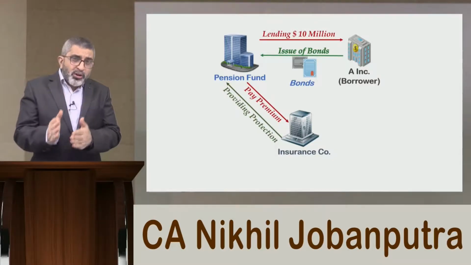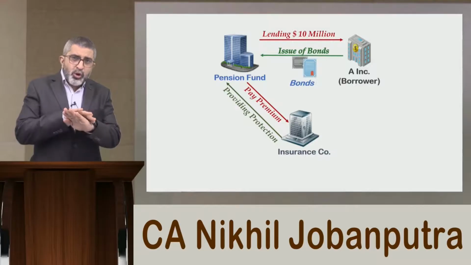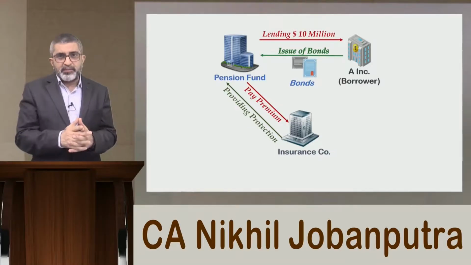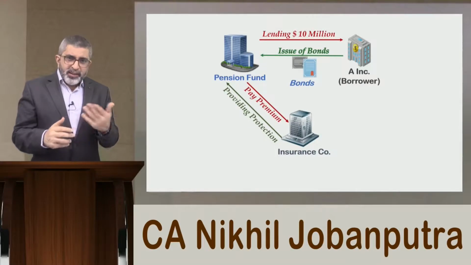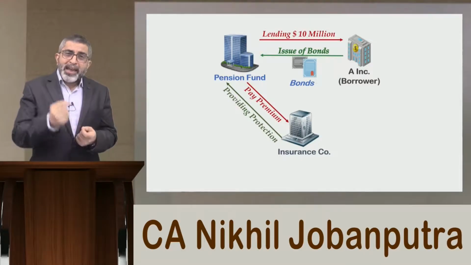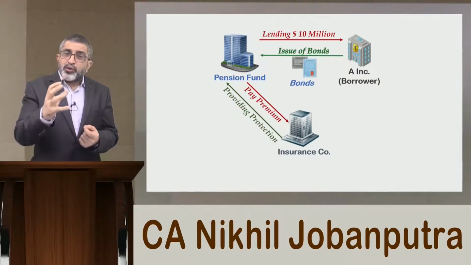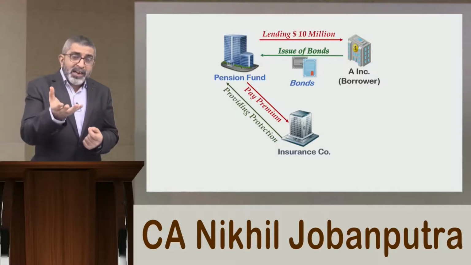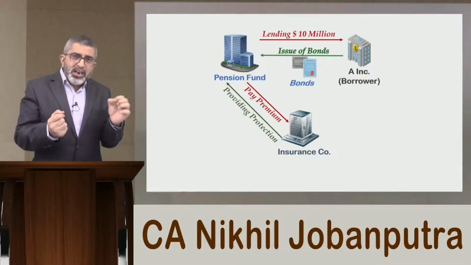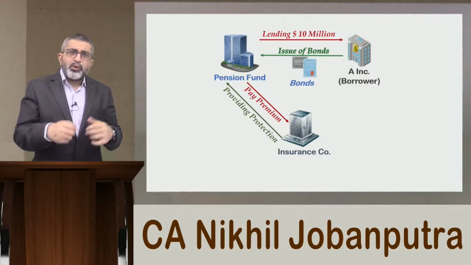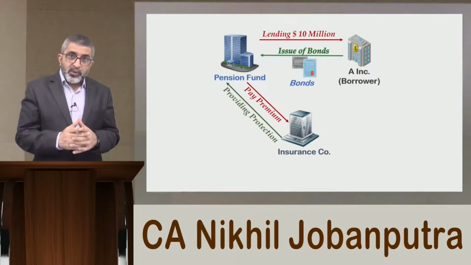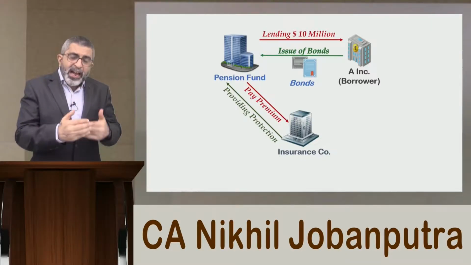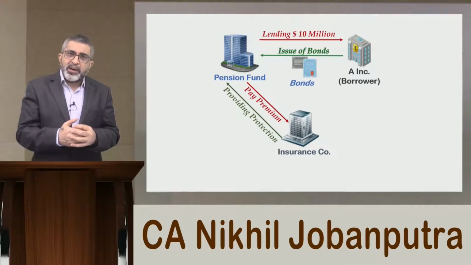So if the bond rating is below AA category, you are not supposed to make that investment. Now let us imagine that the bond issued by A Incorporation was not of that credit grade. It was not an AA rated bond, say it was a BB rated bond, and the pension fund was actually not supposed to make investment into that.